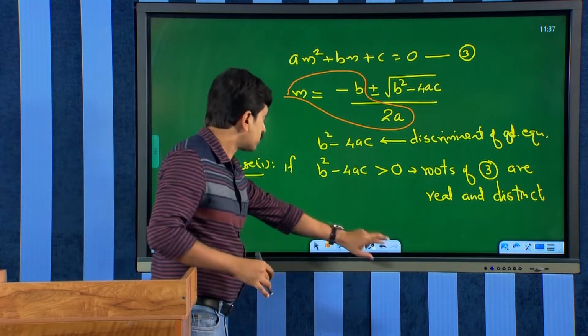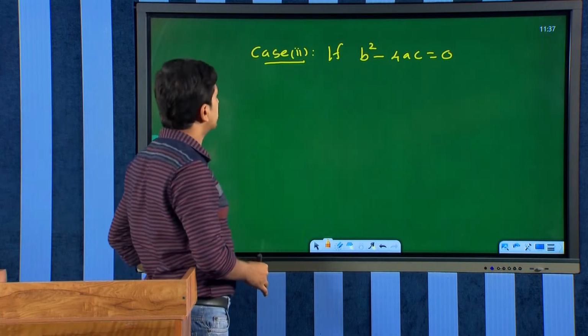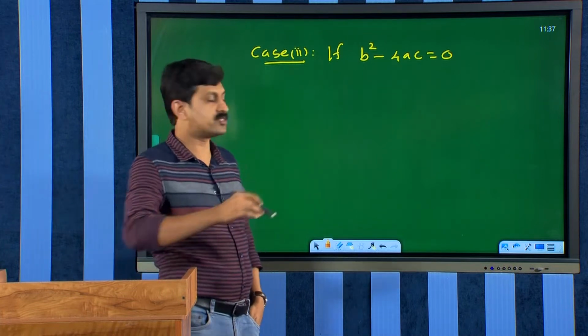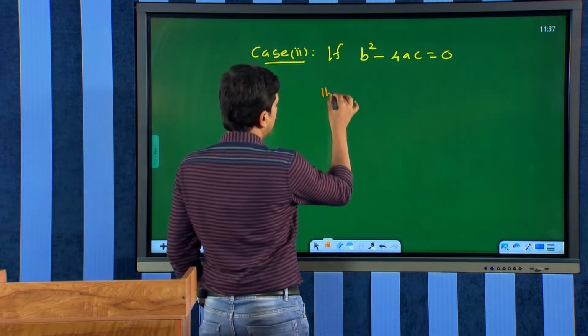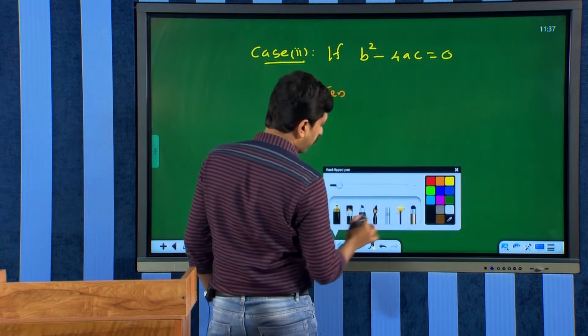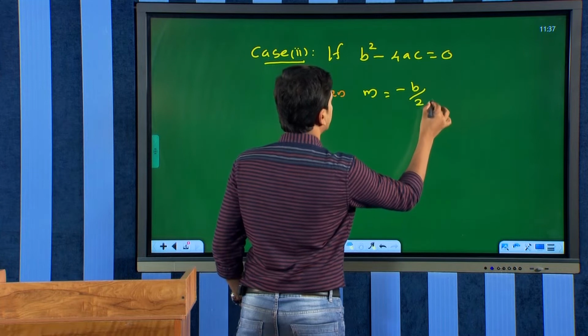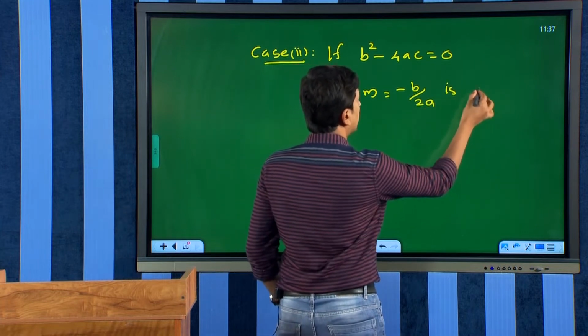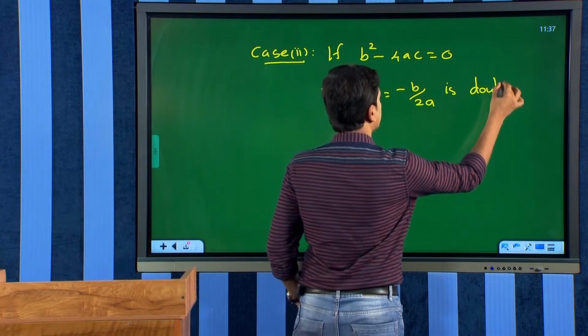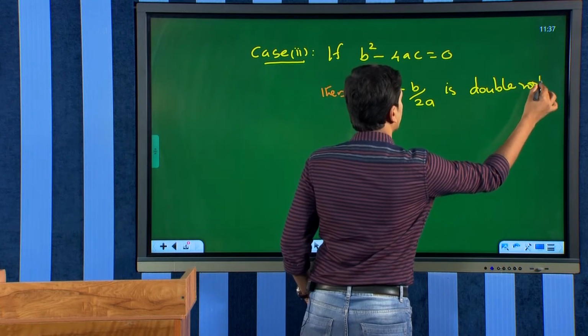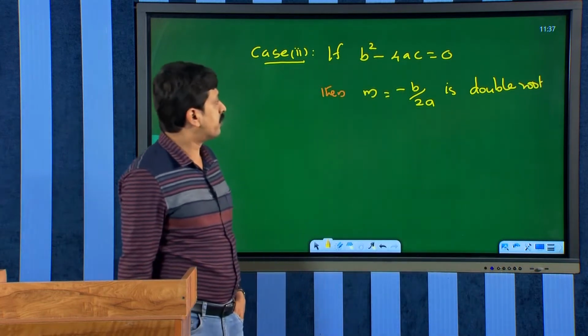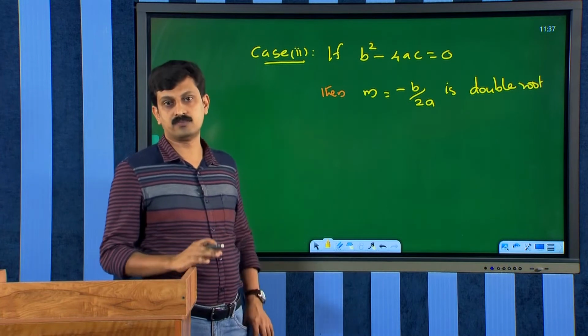So, dear students, we can say that if b square minus 4ac equal to 0, then m is equal to minus b by 2a, a double root. That means m1 and m2 are equal.